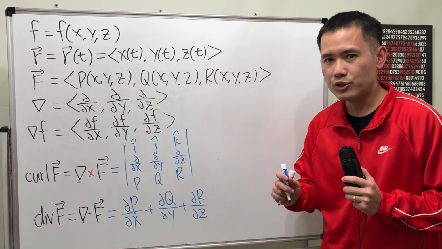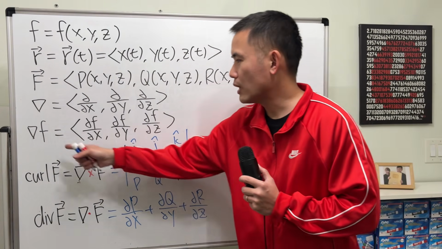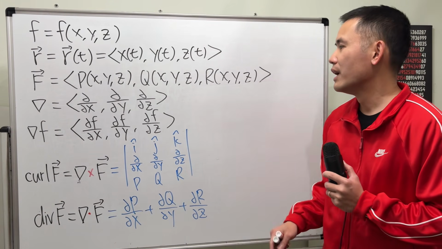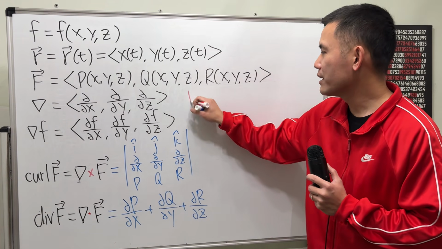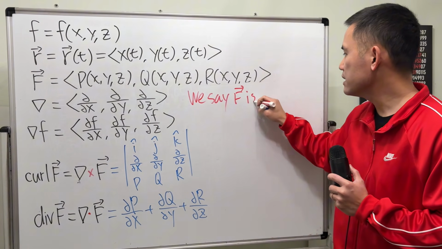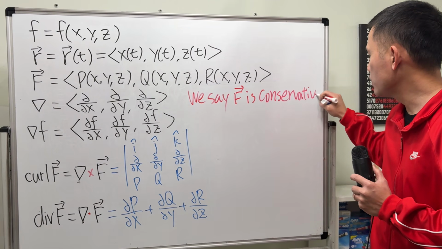However, I do want to mention a few more things. First is our vector field F here and also our del of f here. Are they always the same? No. And here is the deal. Right here, we say a vector field F is conservative. This right here is the key word.